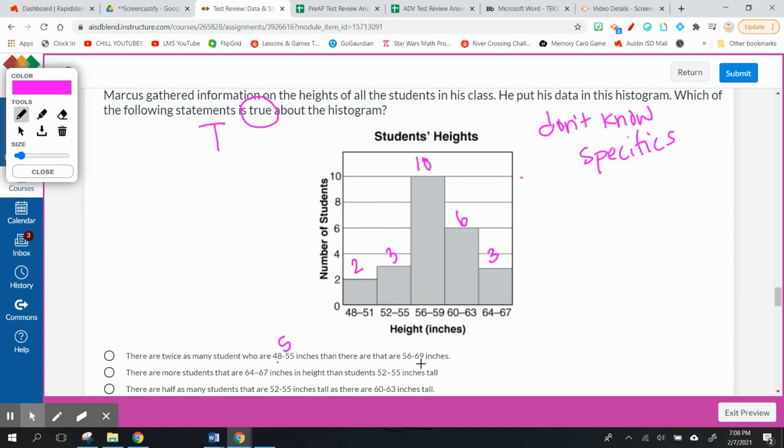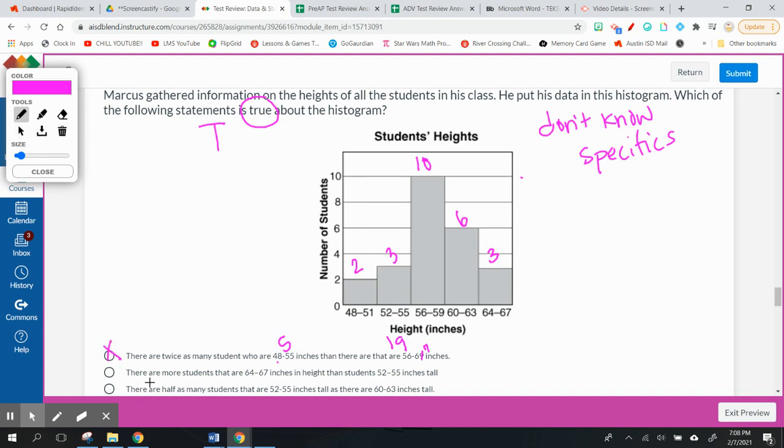Ooh, to 69. Maybe that's a typo. Maybe that should be 67. I'm going to fix that later. Let's say that's 67. That would be everybody else, which would be 19 people. And you guys, there are twice as many of this group as all of these. That's totally bogus, totally false.